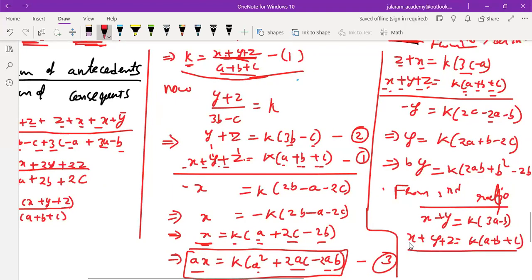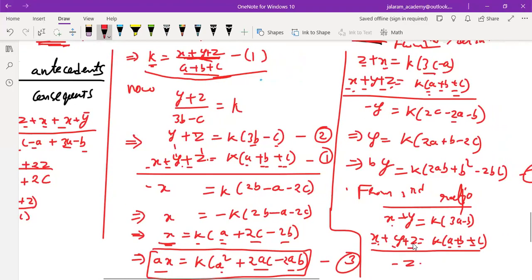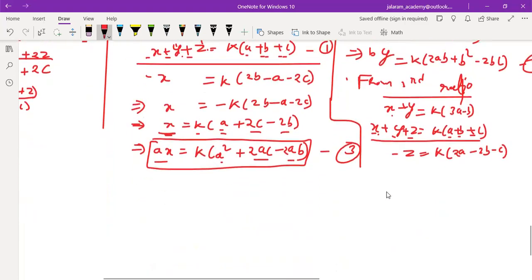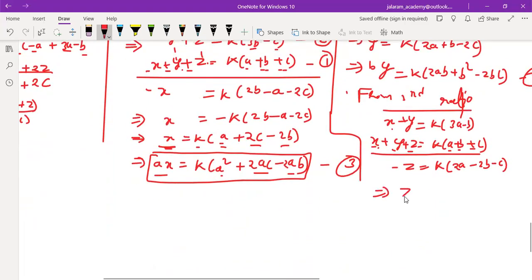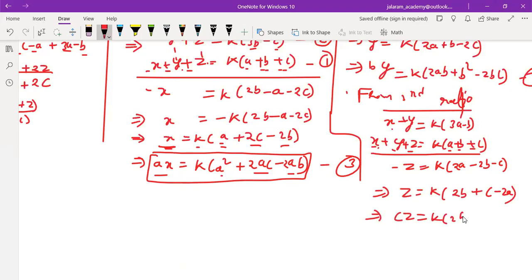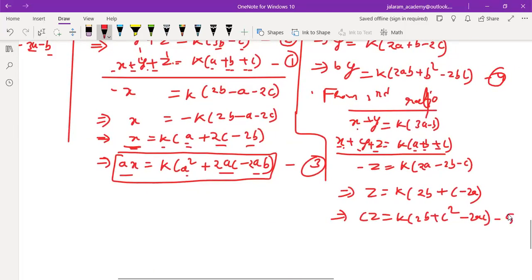On subtracting, x cancels, y cancels, it will be only minus z, k is common, into 3a minus a is 2a, minus b minus 2b, minus c. When we multiply by minus 1, z equals k into minus 2b becomes plus 2b, minus c becomes plus 2c, 2a becomes minus 2a. Then we multiply by cz, so k into 2bc plus c square minus 2ac, which is equation number 5.